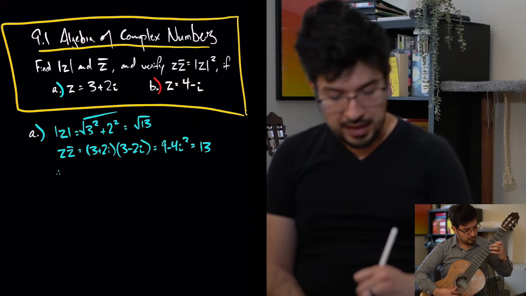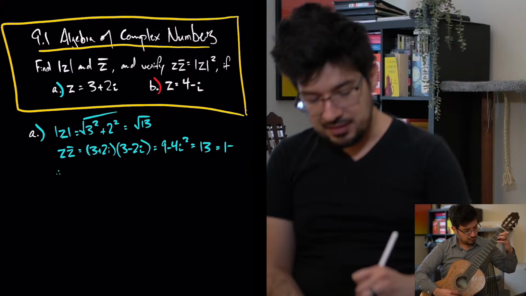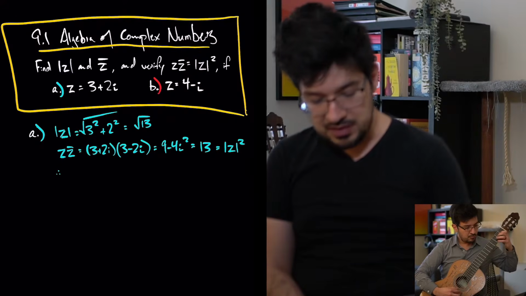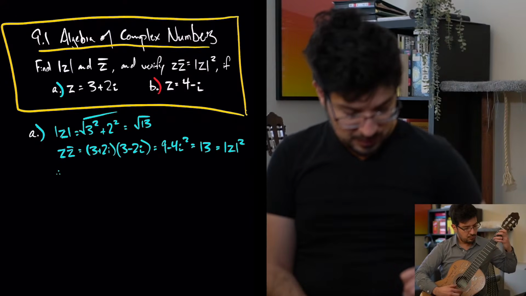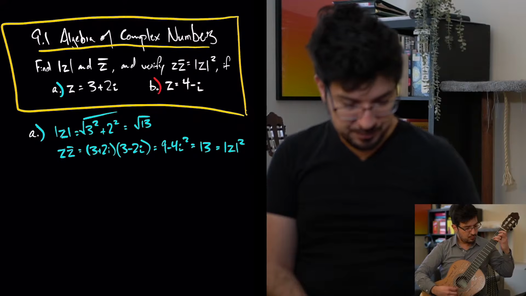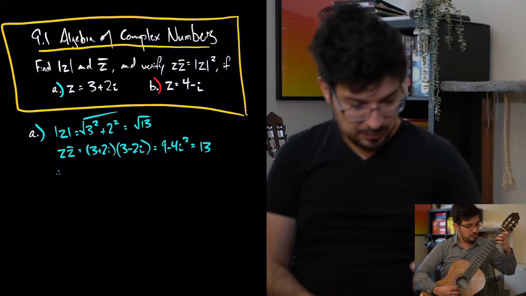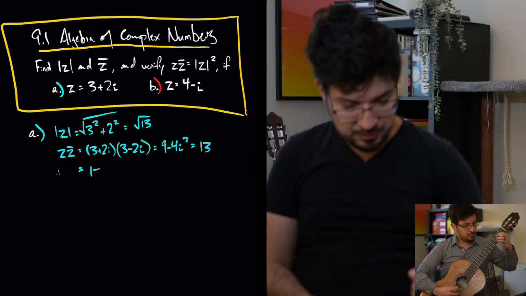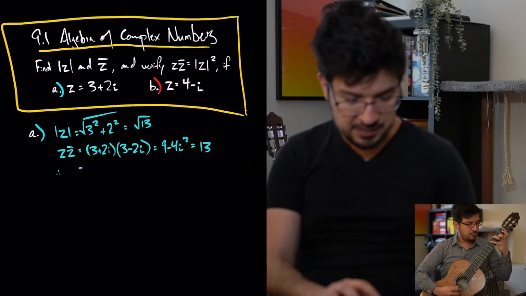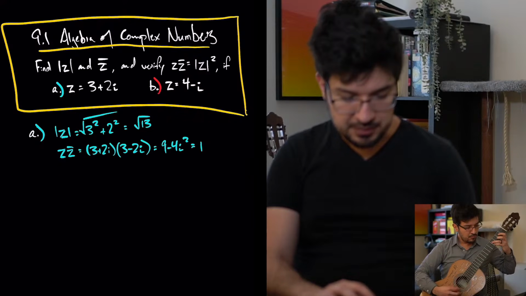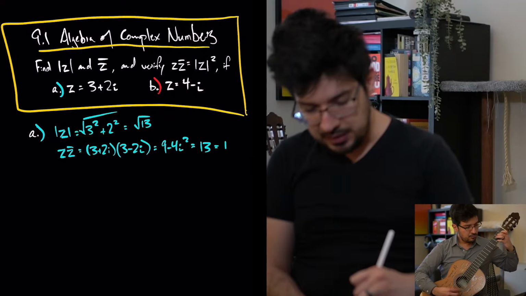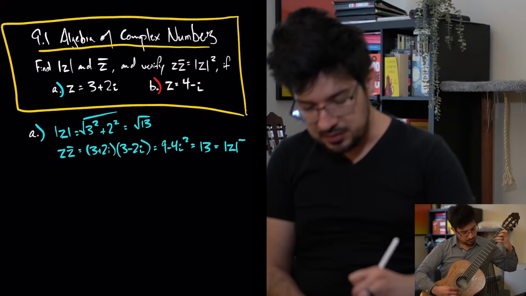Therefore, this is the magnitude of z squared. Okay, and we're done. Let's keep it on the same line: equals 13 equals the magnitude of z squared.